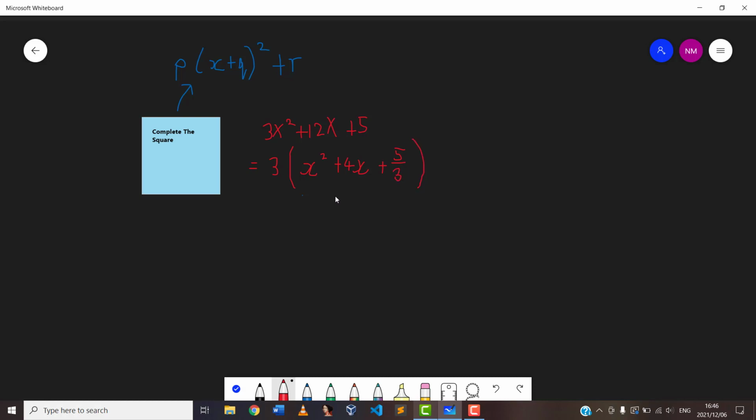And now we can move on to our next step, which is factorizing this x term over here. So what we do is we want to get, well, let's just express it here.